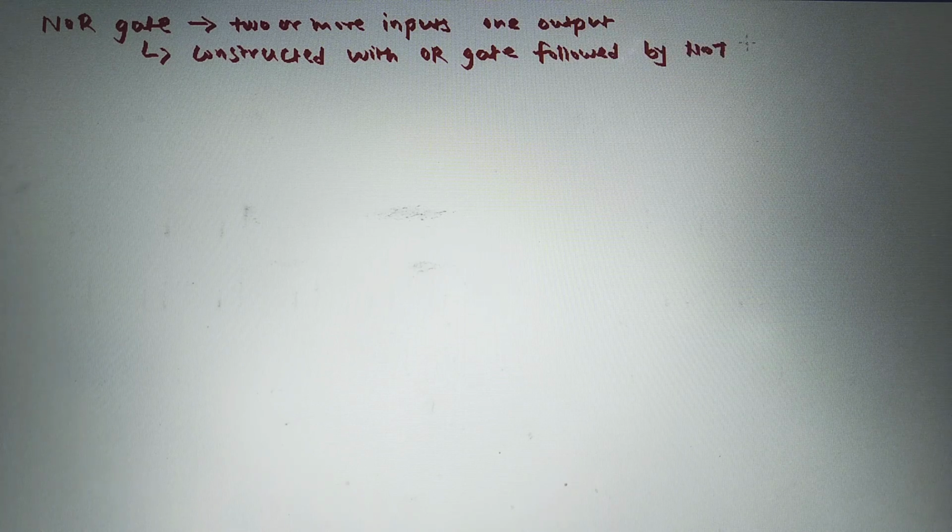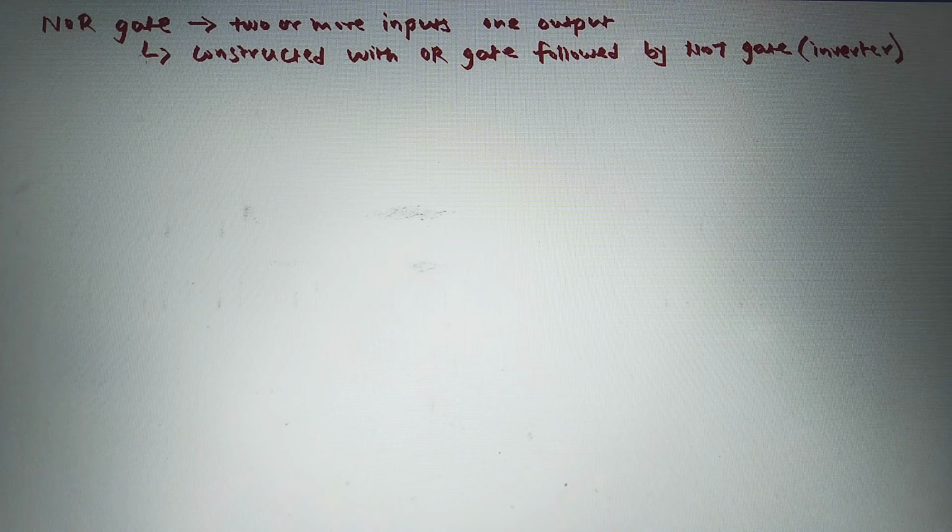So see here, NOR gate has two or more inputs but only one output, and this NOR gate is constructed with an OR gate followed by a NOT gate, or we can say an inverter.